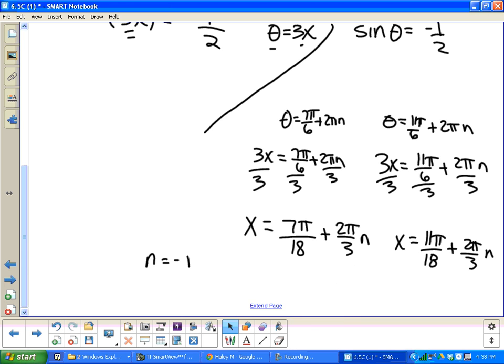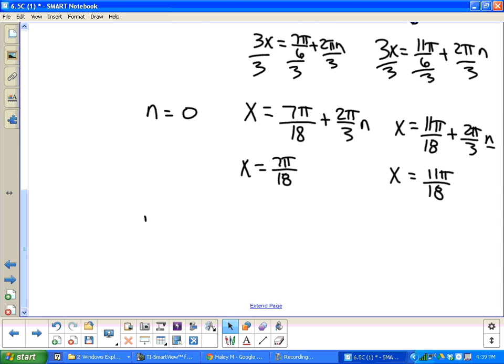Haven't seen any that work with -1, so I think we can disregard it. So n equals 0. Let's put 0 in. That gives me 7 pi over 18 for that one, and 11 pi over 18 for the other.